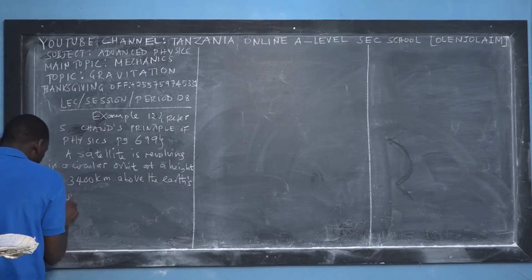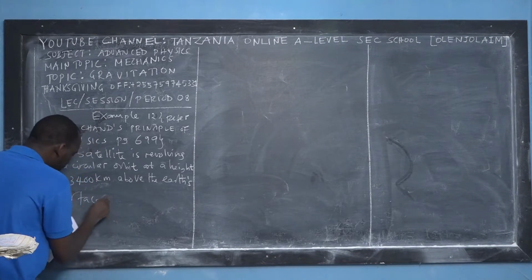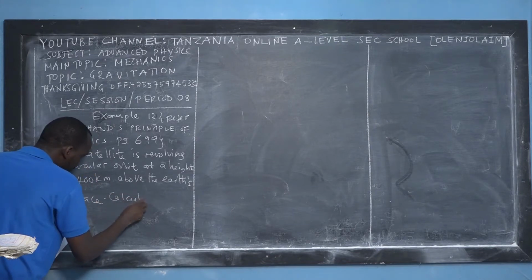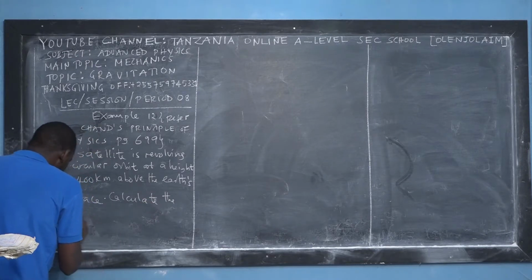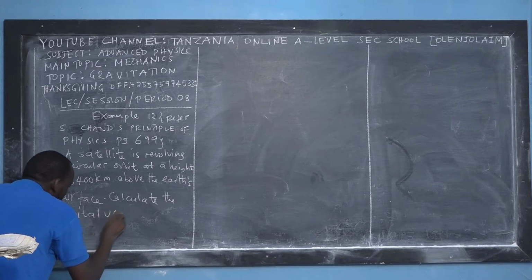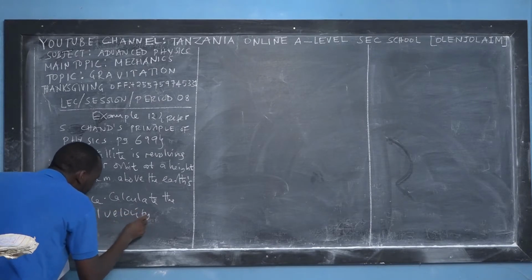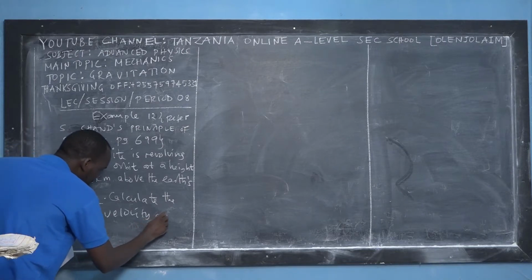Calculate the orbital velocity and the period of revolution.